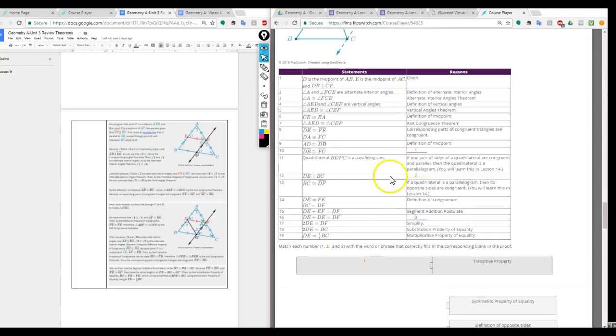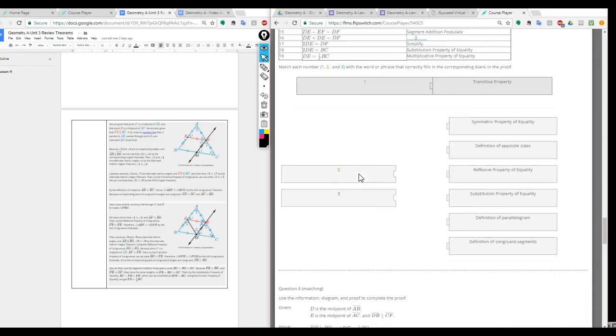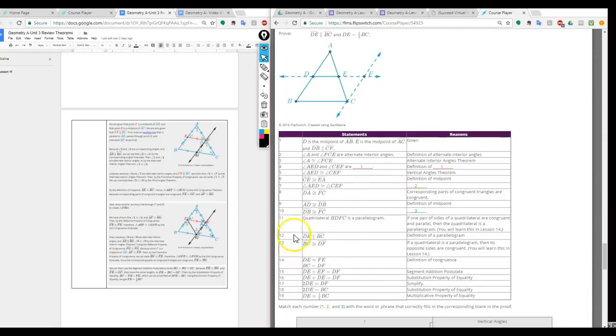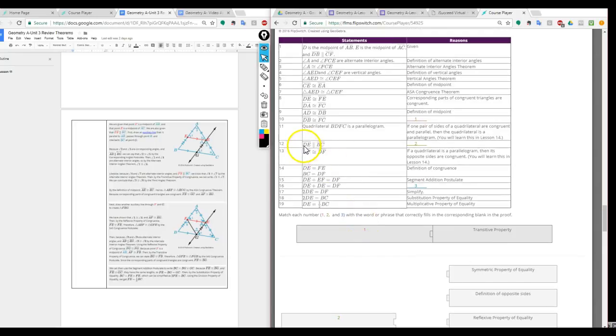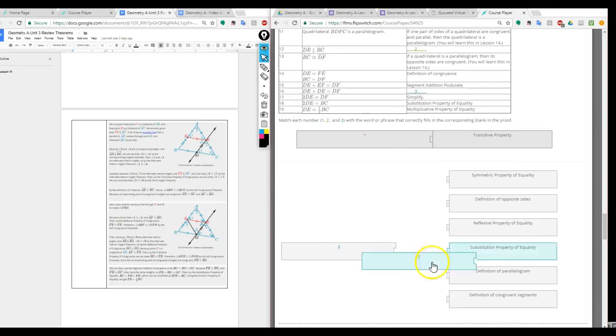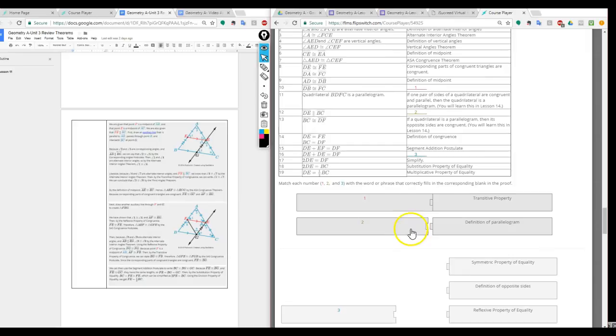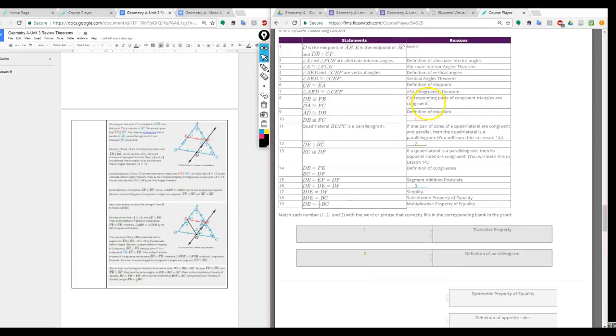And then statement 12, DE is parallel to BC, definition of a parallelogram. Segment DE is parallel to BC, definition of a parallelogram, because opposite sides would be parallel.